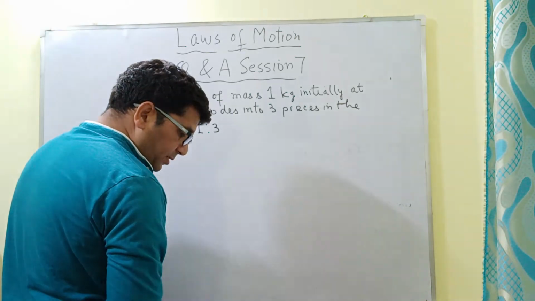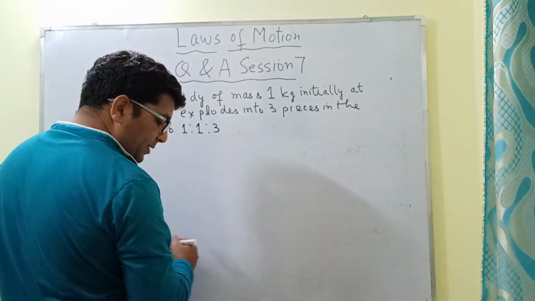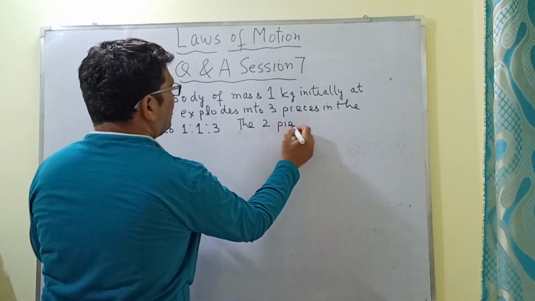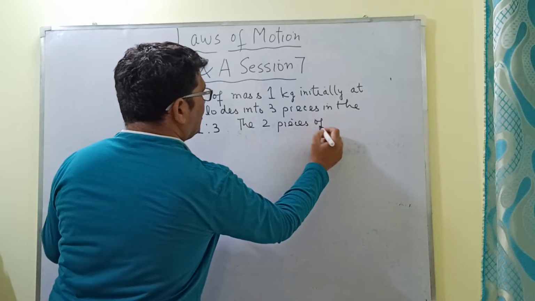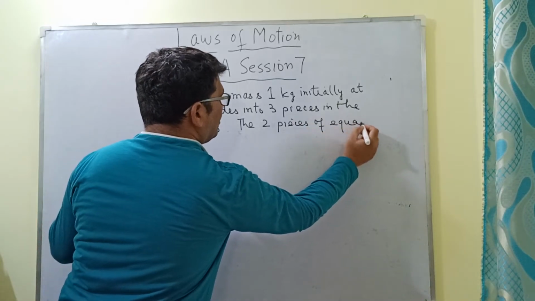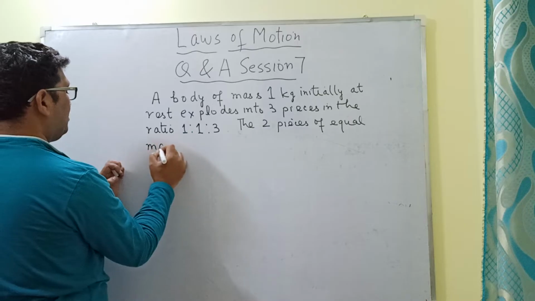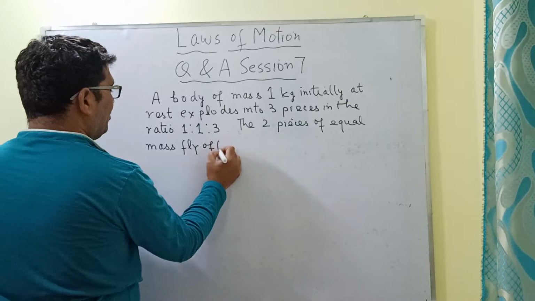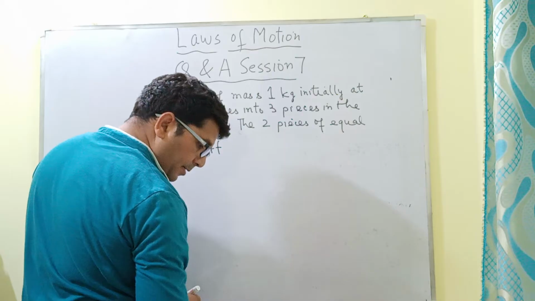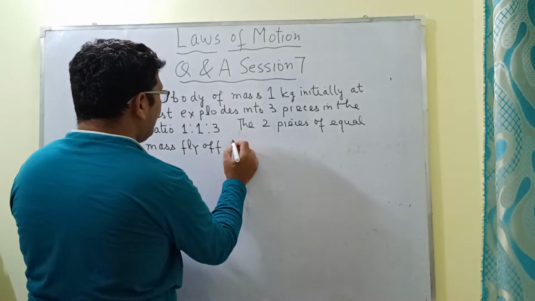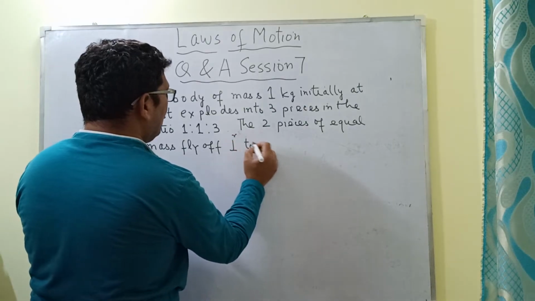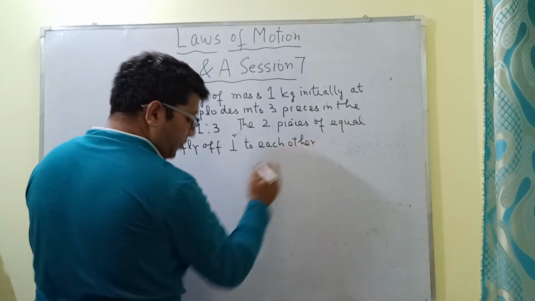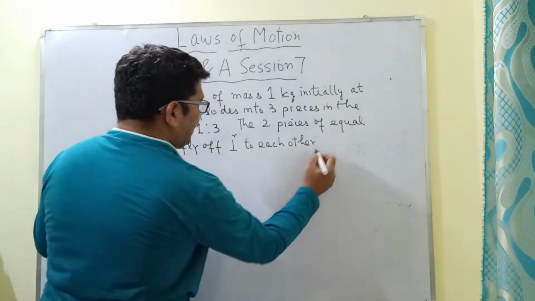The two pieces of equal mass fly off perpendicular to each other with a speed of 30 meters per second.